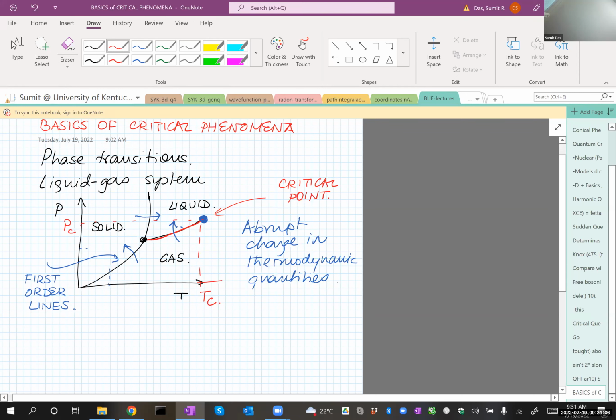There is a second system which I will deal with, which is a magnetic system, like a bar of iron. For example, an iron bar. If you place such a system in the presence of a magnetic field, this bar will develop a magnetization at any temperature.